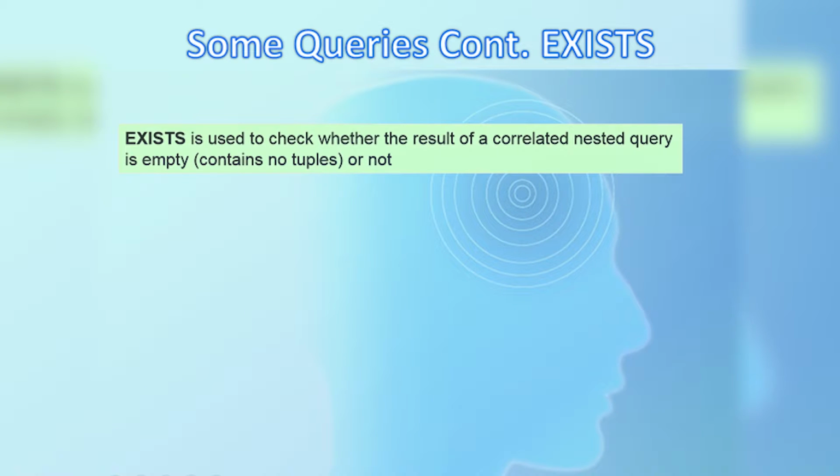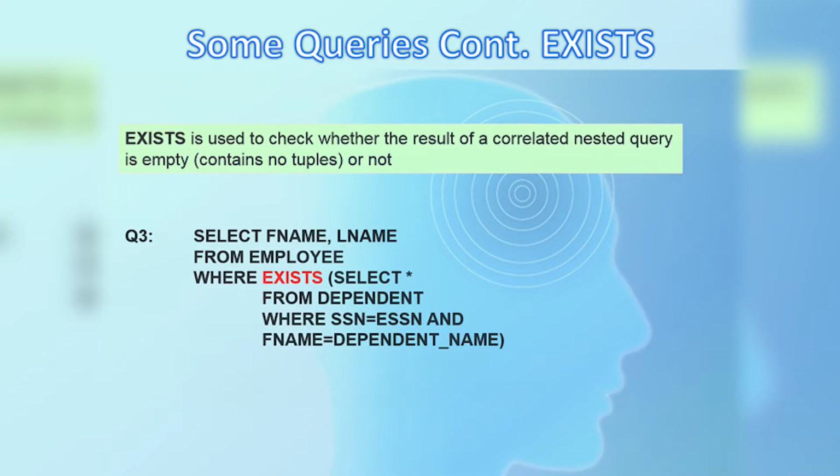Next example, with exists. Exists is used to check whether the result of a correlated nested query is empty, contains no tuples, or not. The text of query 3.